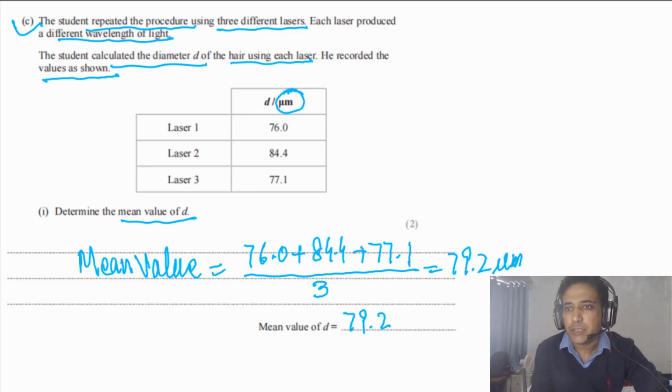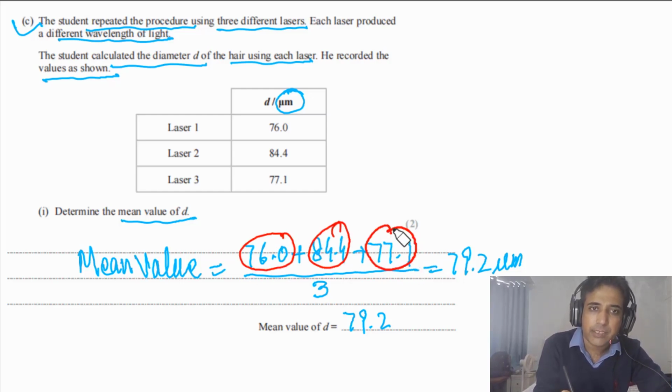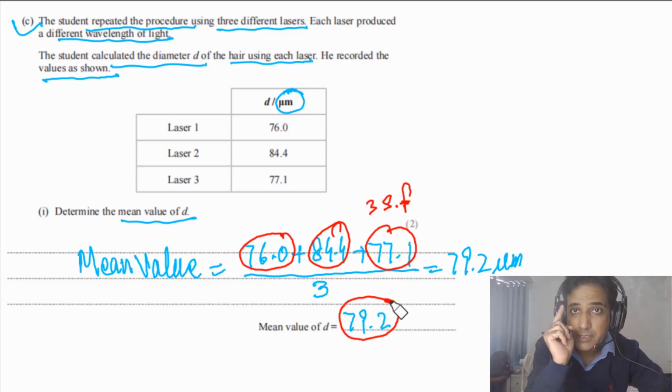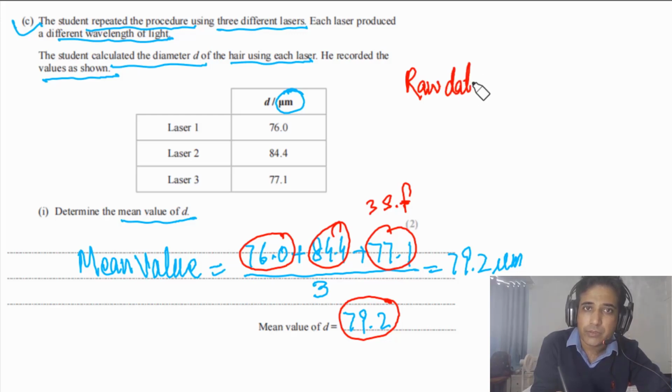One thing you have to be careful about is, this data has 3SF, this has 3SF, this has 3SF, means the given data has 3SF. So the final answer also should have 3SF. Let me write down the number of SF rule. Let's say we have raw data where this has 2SF, then this has 3SF.